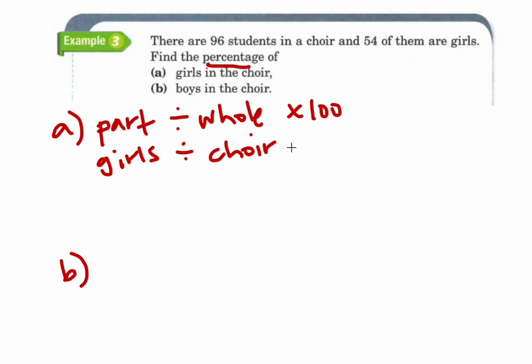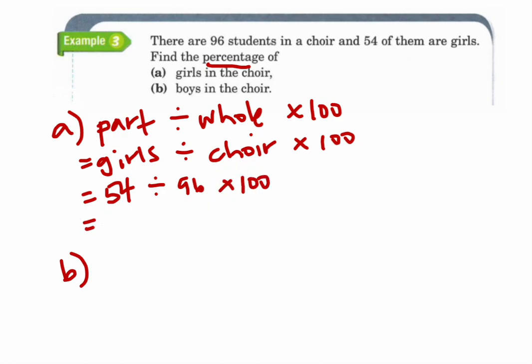So we need to take the amount of girls and divide by the entire choir before multiplying by 100. There are 54 girls. We're going to divide that by the entire choir, which is 96. Take that answer and then multiply by 100.